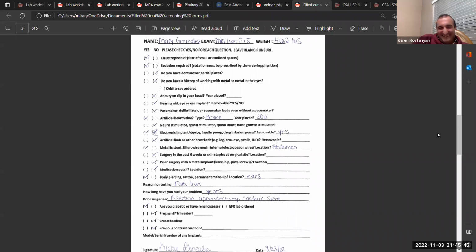Why would we be concerned with renal failure if I'm diabetic? It can cause nephrogenic, NSF, yes, but why would me being diabetic be a risk factor for NSF?